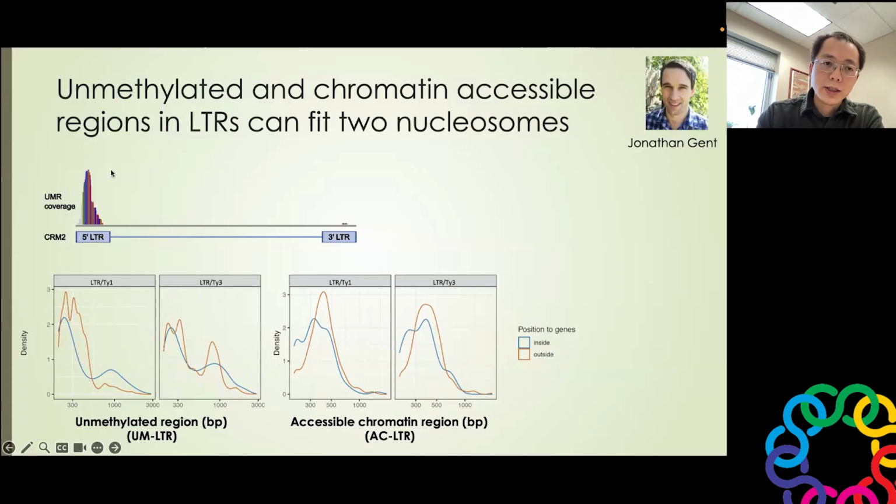So here is just one example: this centromeric retrotransposon repeat called CRM2. We know they are active, and we also observe lots of UMRs coming from the CRM2 copies. So these are the UMRs. With that, we have confidence to look at the whole genome, and we separate them based on the superfamily and also based on their location with genes.